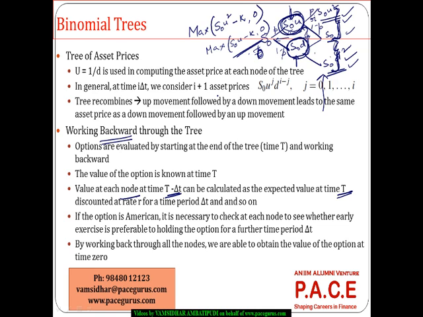Whichever is the maximum, I am going to take that. So if the option is American, I check at each node whether early exercise is preferable compared to holding it till the next period. That way I work backwards and finally get the value of the option at time 0. That's a simple way we operate using the binomial tree based approach.